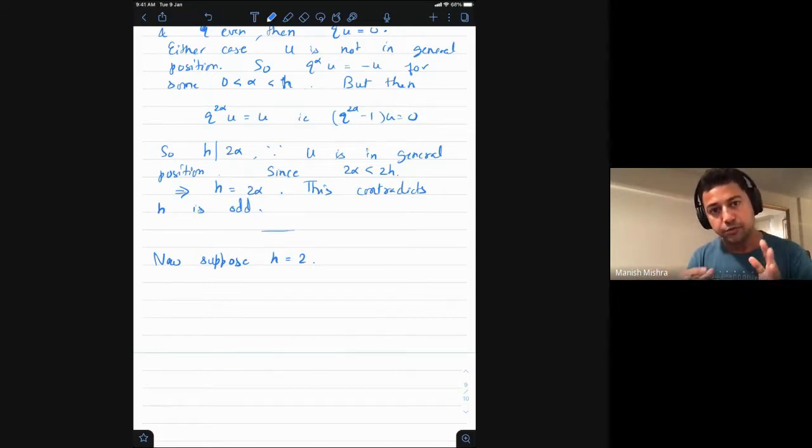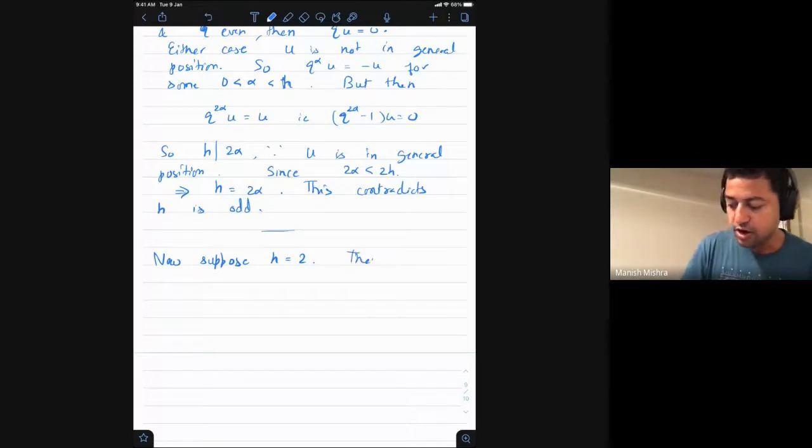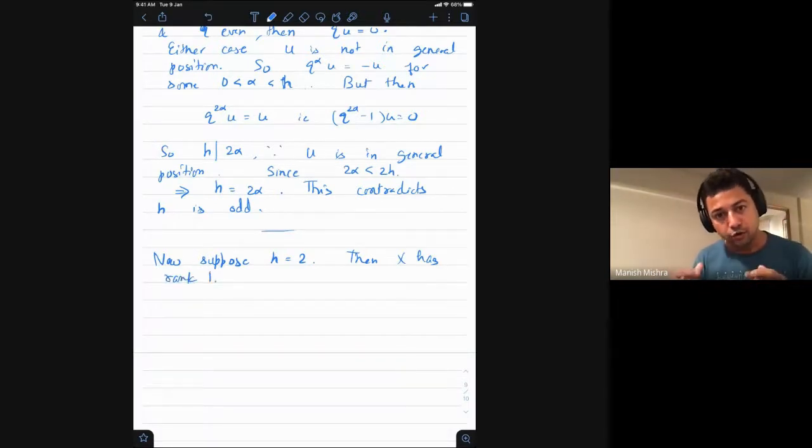So from the tables, what is the group type for which the Coxeter number is 2? Then you are in the rank 1 case. Then X has rank 1, so the group has to be of type A1.